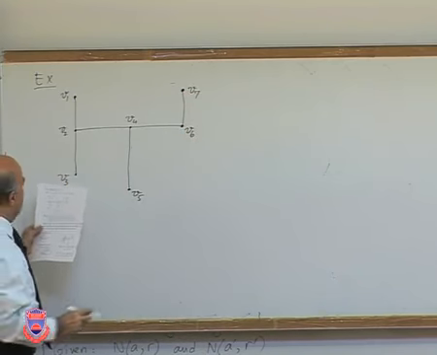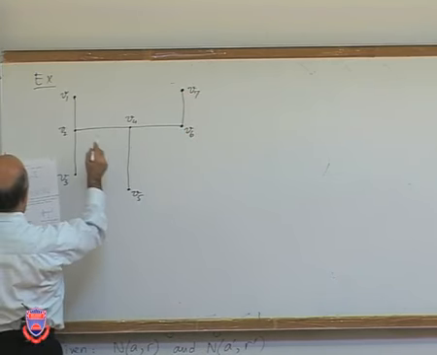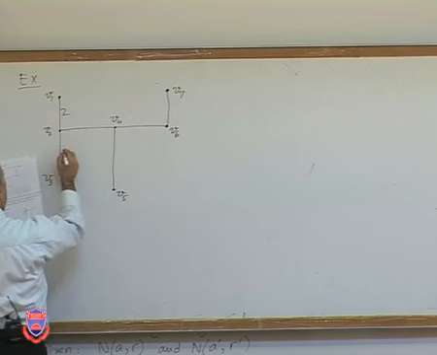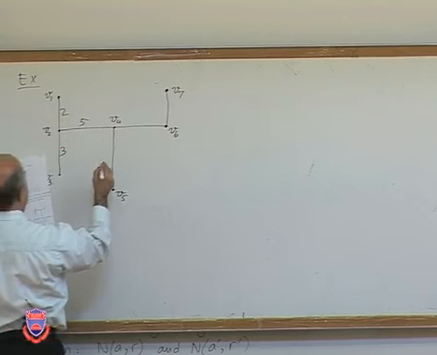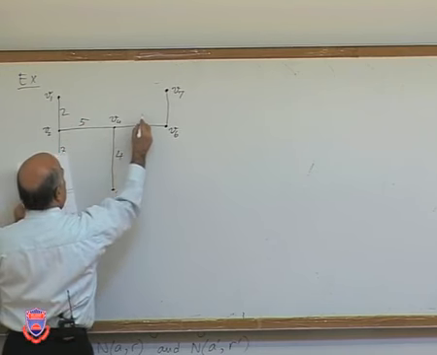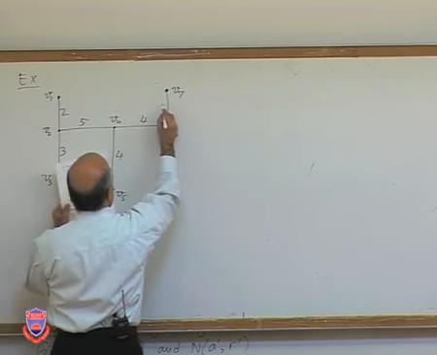Seven vertices connected in this way. The edge lengths are 2, 3, 5, 4, 4, and 2.